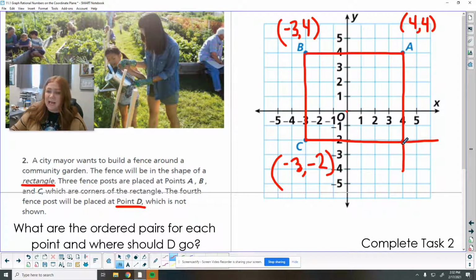Where they intersect is going to be where D is. So D goes over 4 and then down -2. Over 4 to the positive, to the right, and then down into the negatives, -2. So go ahead and complete task 2 and come back when you are ready to do task 3.